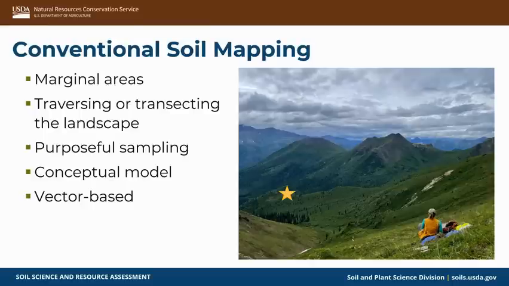If you were dropped off at that star, where would you walk? Where would you take a soil and vegetation observation to better understand the soil-landscape relation, to start building that model in your head? Where do you think you would build it? Would you do it on the lower end of the slope, the foot slope, in the wetter areas where those spruce trees are growing?